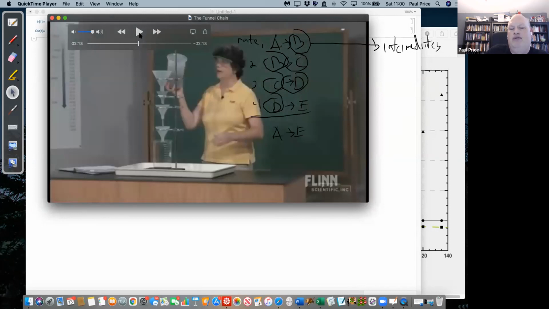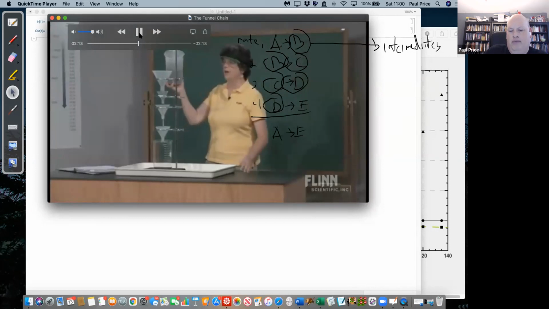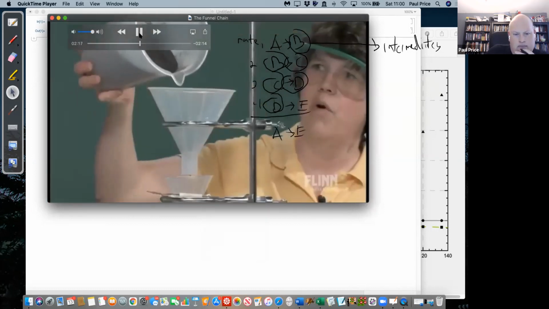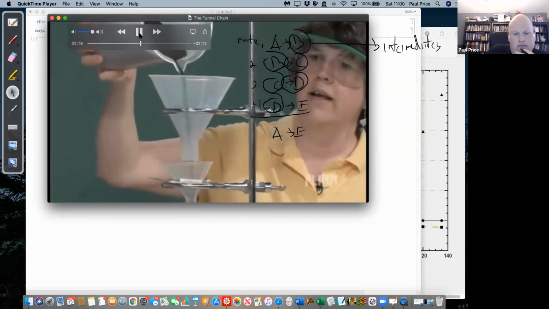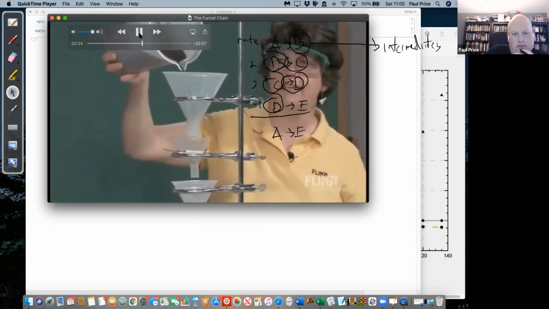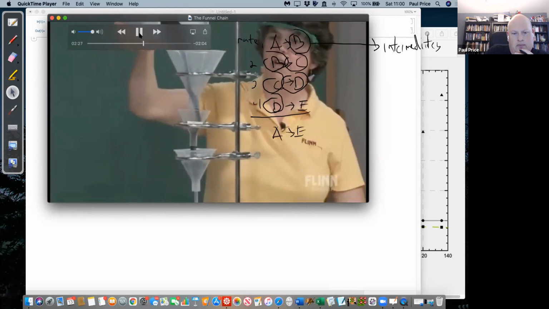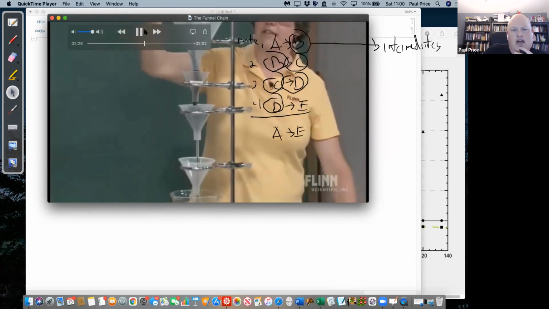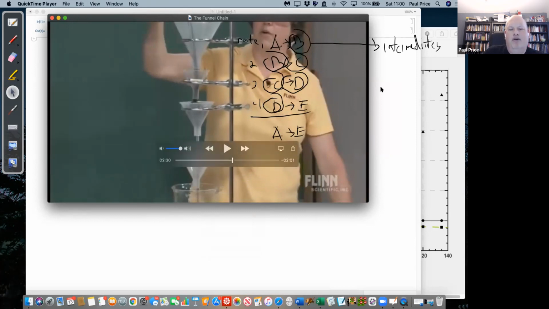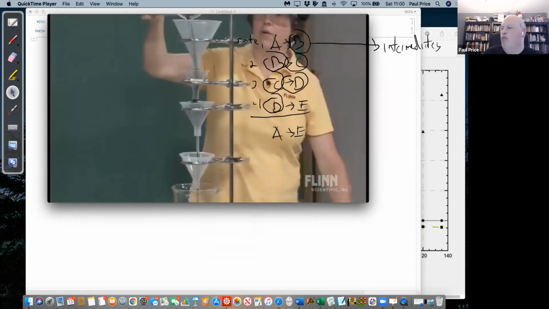Which of the steps is the slowest of the 4? I paused the video, and just by looking at the sand, which of the rates is the slowest of the 4?